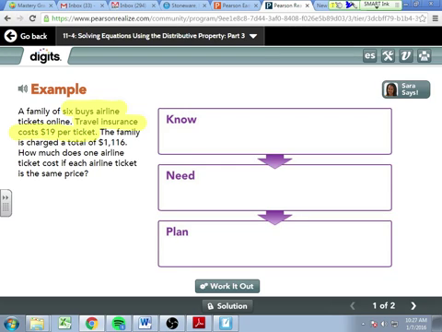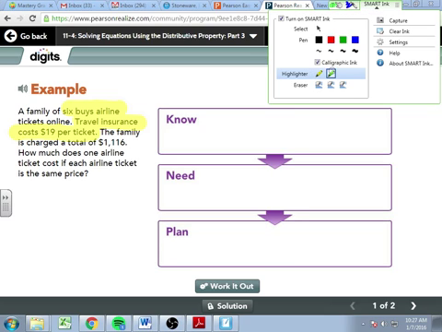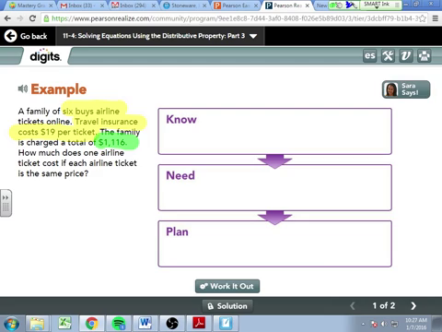Whereas yesterday you did situations where something only happened once, the fee happened once, or the first hour of the boat happened once, that $19 happens to every ticket. Kind of like the baker increasing each bagel. And then we know they spent a total of $1,116.